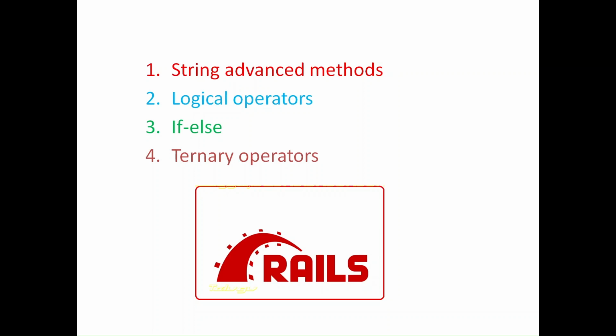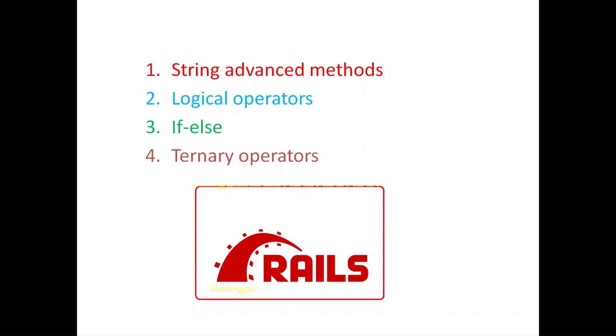In previous videos, we have learned what the Ruby programming language is, what the advantages and disadvantages of Ruby are, what the features of Ruby are, how to install Ruby on your machine, and the different data types available in Ruby, and we have learned basic methods available for arrays and strings.